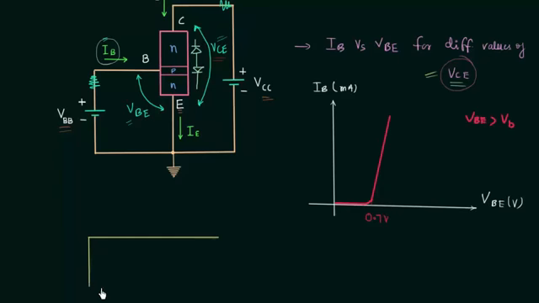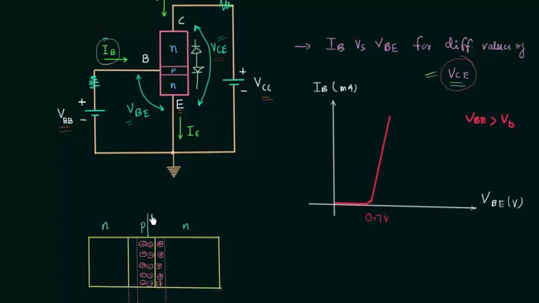We have already discussed base width modulation in the common base presentation. This is emitter region, this is base region, and this is collector region. I am considering NPN transistor in active mode, and in active mode emitter base junction is forward biased and collector base junction is reverse biased.